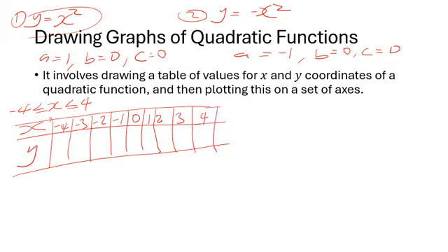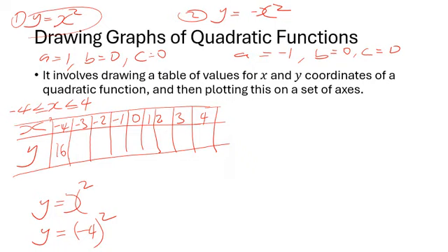For this one we need to substitute. For y is equal to x squared, where there is x we put -4, so it will be -4 squared, that's 16.